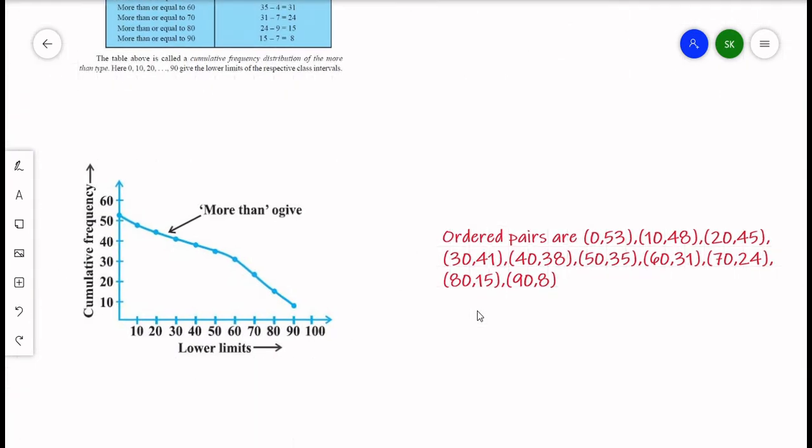This is known as more than ogive, where on the x-axis we have taken the lower limits, and on the y-axis CF is there, and you can see all the ordered pairs. We just need to put them and then join the points freehand, children.